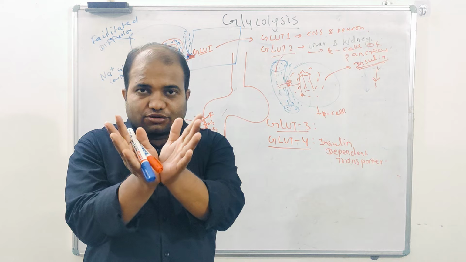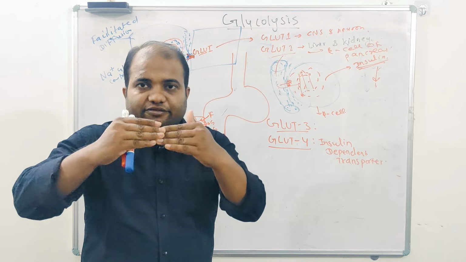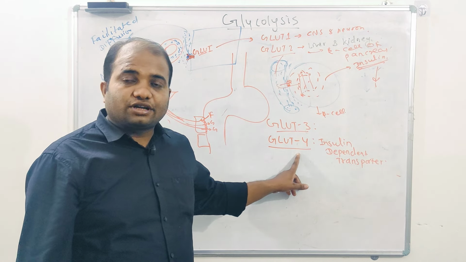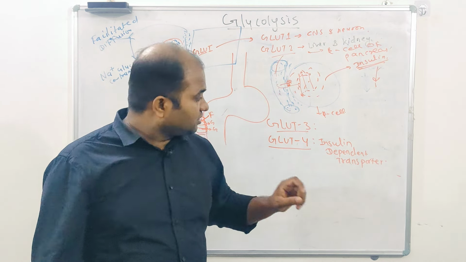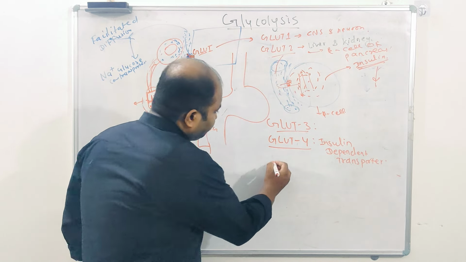Once the transporter is loaded with glucose, it should open down, right? So this opening and closing phenomenon will be facilitated by insulin. So GLUT4 is an insulin dependent transporter. What about GLUT5?